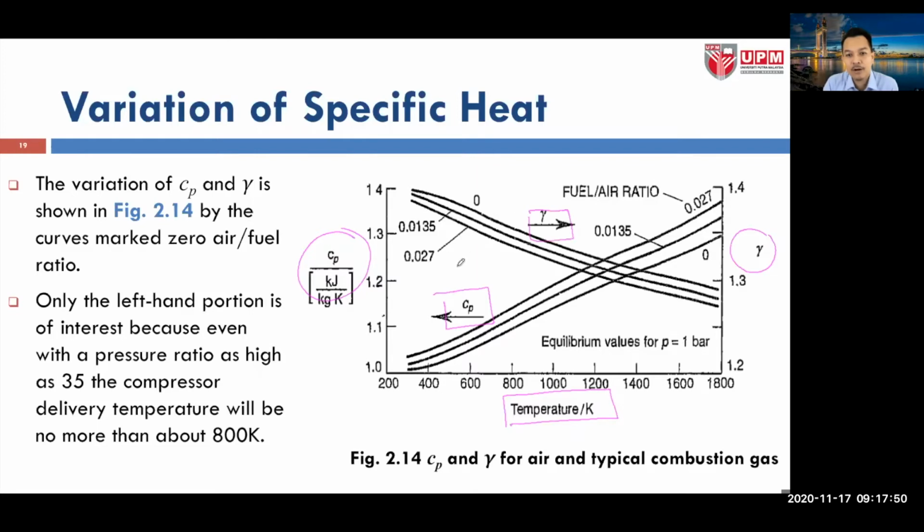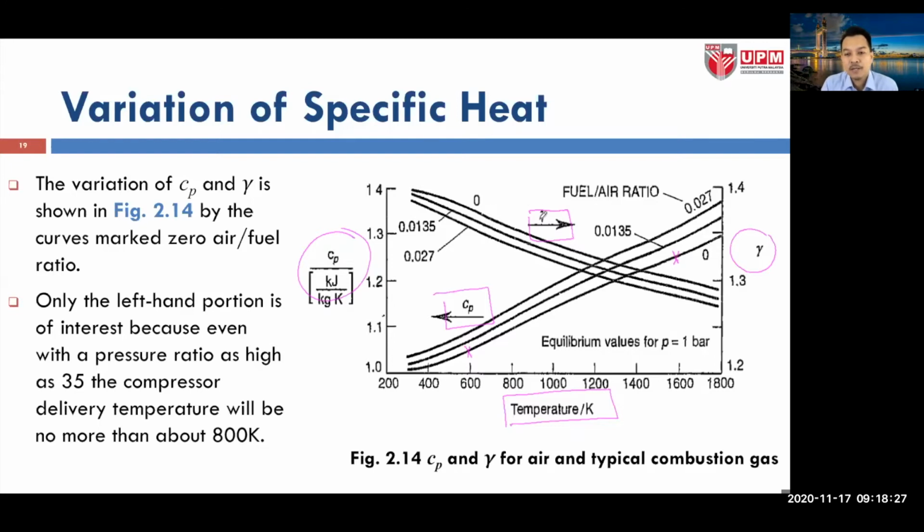If we look at the specific heat capacity from nearly 1 to 1.4 over here, if you have a temperature of 1600 degrees Kelvin, you have a value of Cp of 1.2, compared to if you have a temperature of 600 degrees Kelvin, you have a value of nearly 1 for the specific heat capacity.